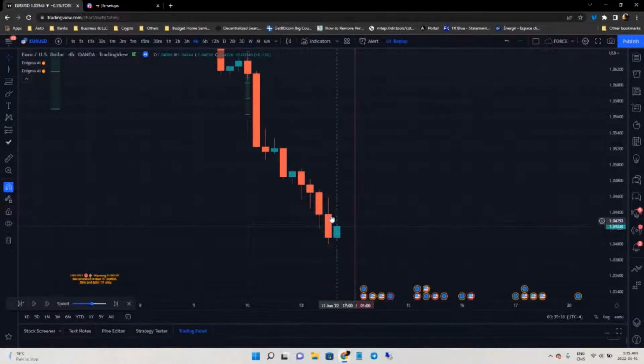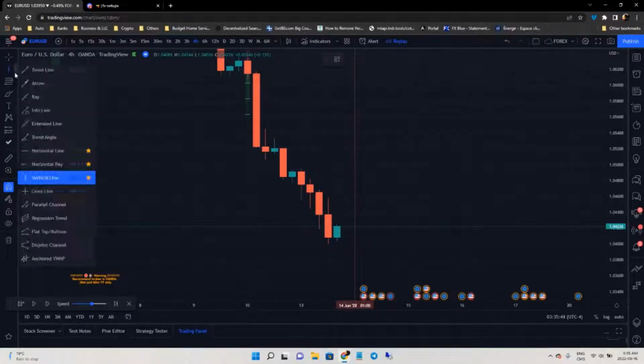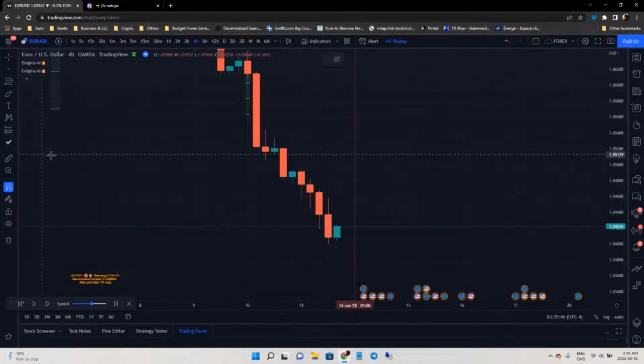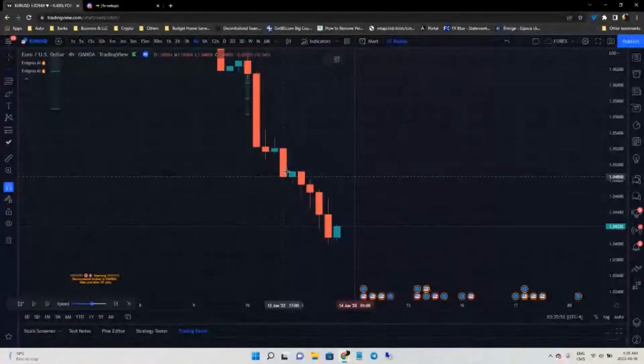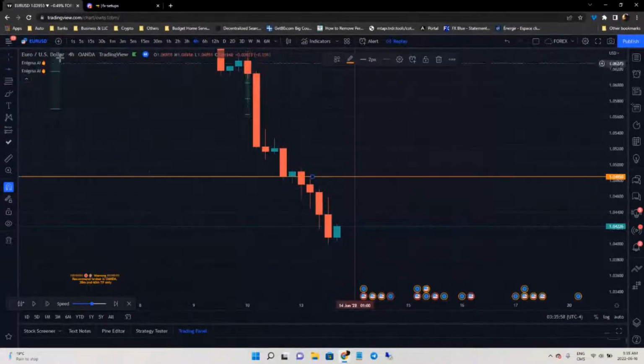The best thing to look at is the previous market condition. I always plot some horizontal lines where the market went the opposite way, like the opposite candles in the market structure. So I'm going to plot a line here.